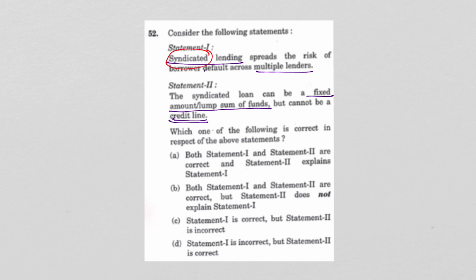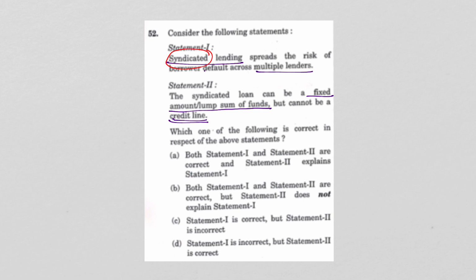Now, with some logic, you can think like this: syndicate or syndicated lending, which means definitely there is a group of people involved here. There is a syndicate involved, right? Because syndicate is a term which we generally use for a group of people who come together for a definite or particular purpose.